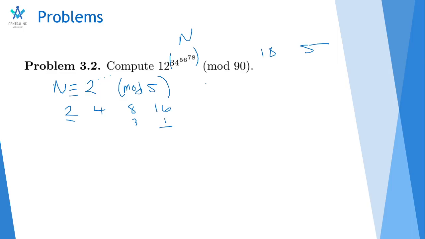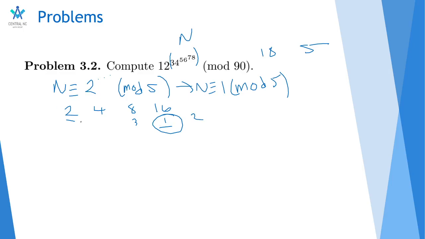Well, 34 is divisible by 2. And if we take 2 to some power, we'll get more factors of 2, which means we'll definitely have more than 2 factors of 2. This will definitely be divisible by 4. So that means we'll have to use this residue, which gives us that n is congruent to 1 modulo 5. And let me restate that for those of you who may not have understood. As I said before, this cycles, because if you multiply this by 2 again, we'll get back to 2.